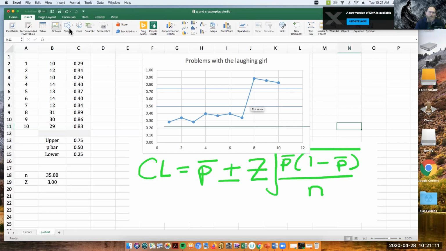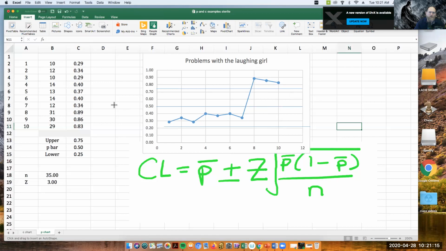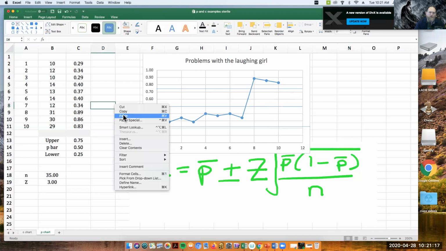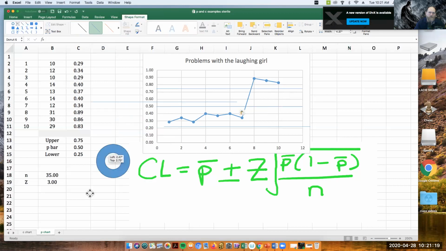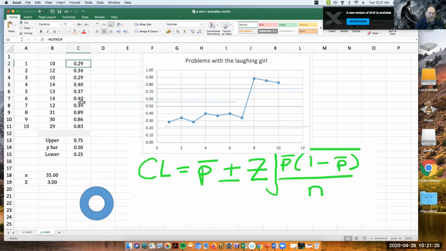Same, grab some circles. All right, let's do the lower half first because it doesn't look like I have anything lower than 0.25, and I don't, but it does look like I have some stuff above 0.75, and I have this, this, and this. Okay.